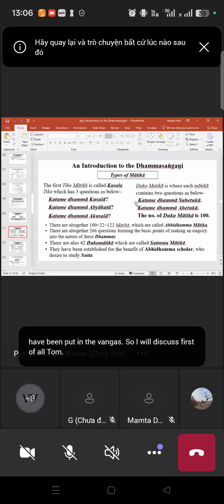I will discuss in a very brief manner the six remaining texts, Vibhanga, Dhatu Katha, Puggalapannatti, Kathavatthu, Yamaka and Patthana. Considering all that, I will show how, based upon the Dhammasaṅgaṇi, the Matikas have been established in the remaining six texts. We will take time, because all the 18 Vibhangas consider the 22 Tika Matikas and 100 Duka Matikas.